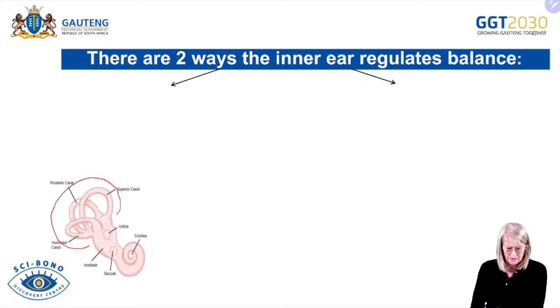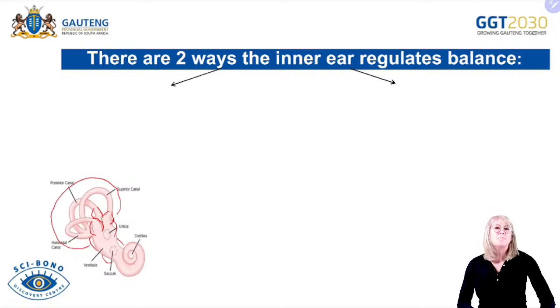At one end of each semicircular canal there's a swollen or broadened section, known as the ampulla. Just below that we have the other parts of the vestibular apparatus, called the utriculus and the sacculus, or the utricle and the saccule. They are the parts that are responsible for balance.